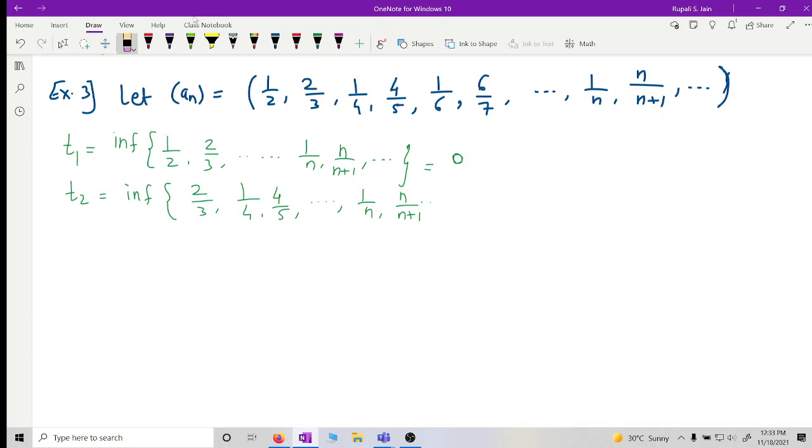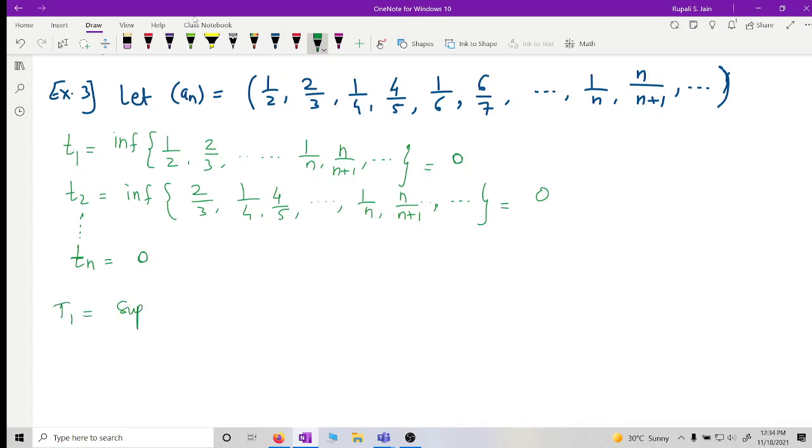What is T2 then? T2 is also 0. So what can I say about Tn? Tn must be 0. What is capital T1, capital T2?